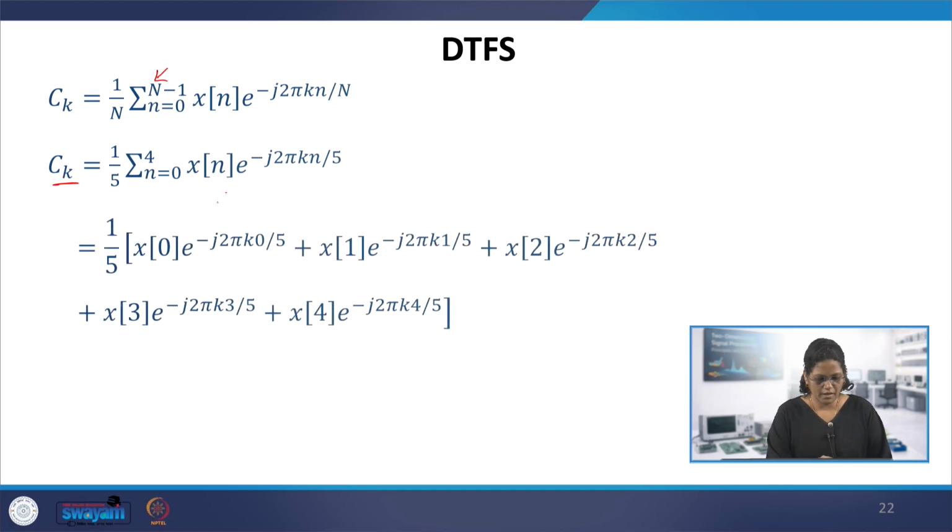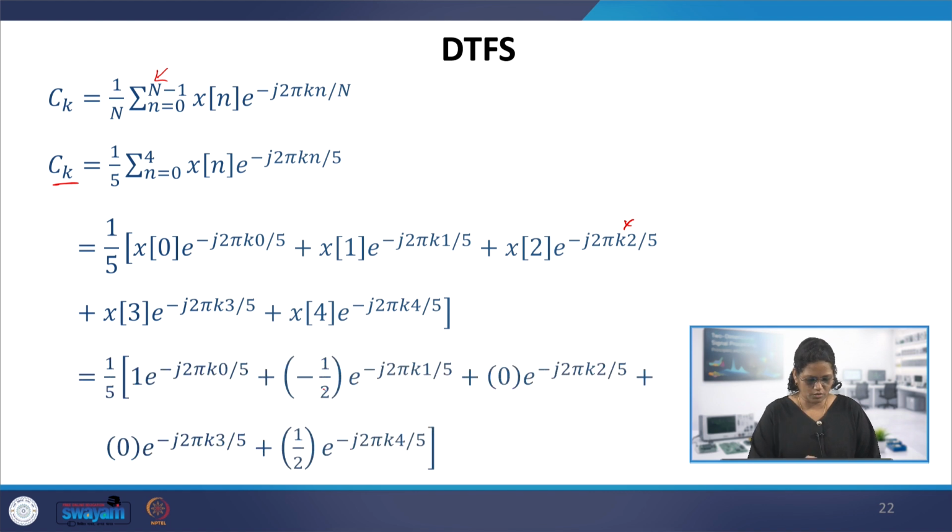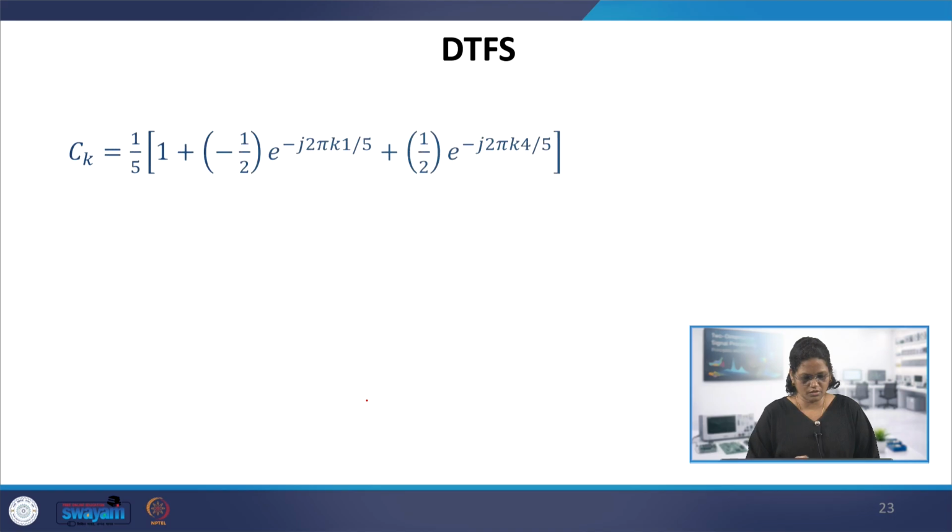If we expand it with respect to k, the coefficients are x of 0, x of 1, x of 2, x of 3, x of 4, there are 5 samples in that period, and we can substitute the x of 0 value here. This is my 1, minus 1 by 2, 1, and this is 0, and here is 0, and this is 1 by 2. So this equation results in 1 by 5, 1 plus this.